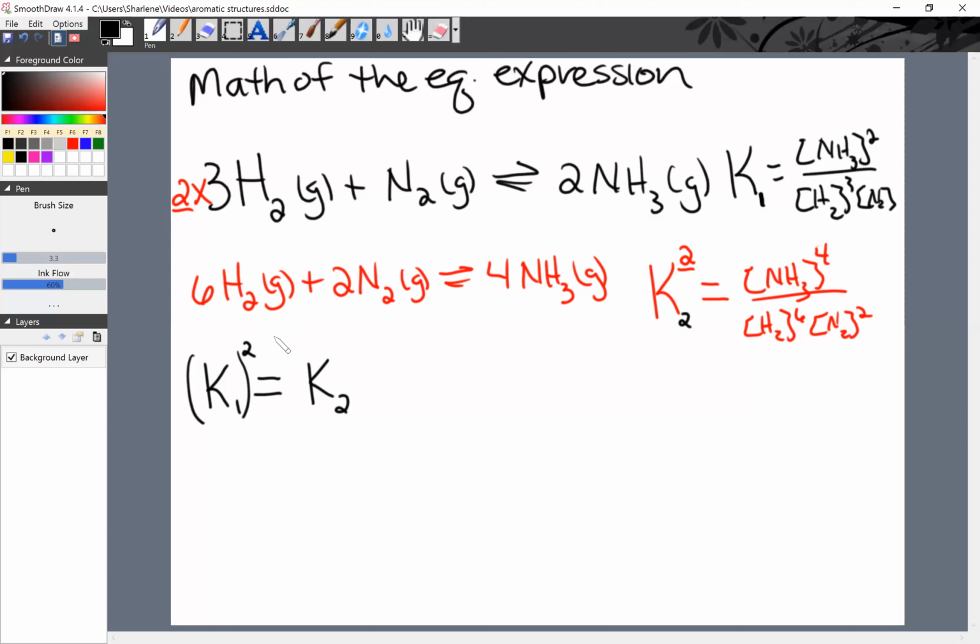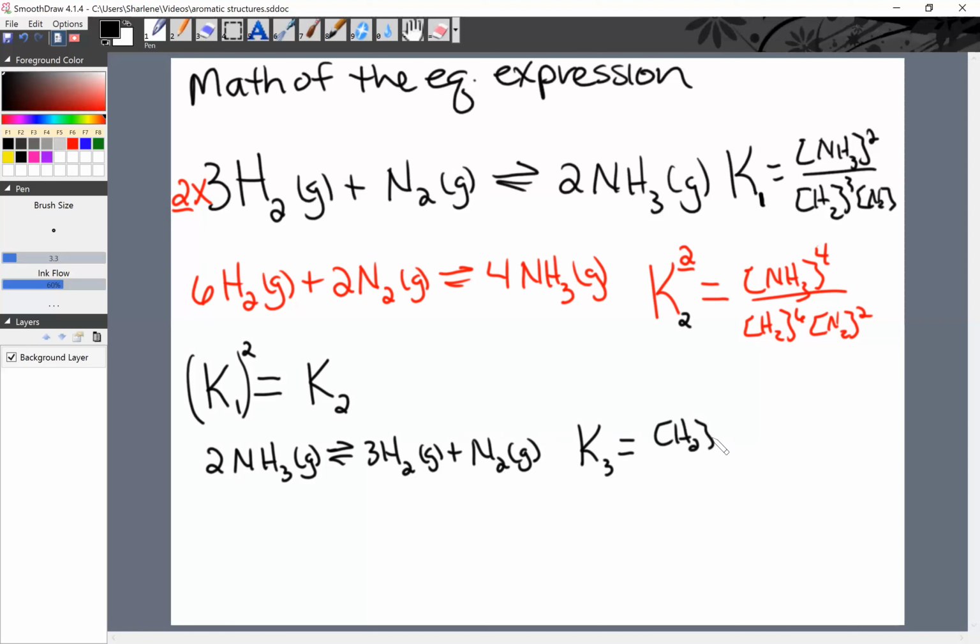Let's turn it around. All right, so now it's 2 ammonias is equal to, not equal to, hey, it's a math class. Feels like it. All right, the new equilibrium expression, I'm going to call it K3, is now H2 cubed N2 over ammonia squared.